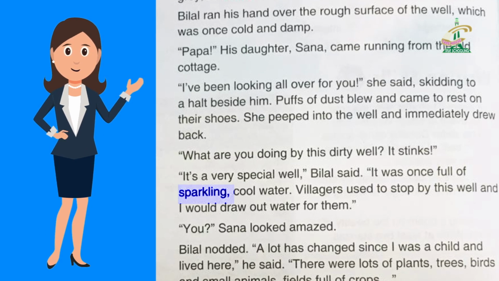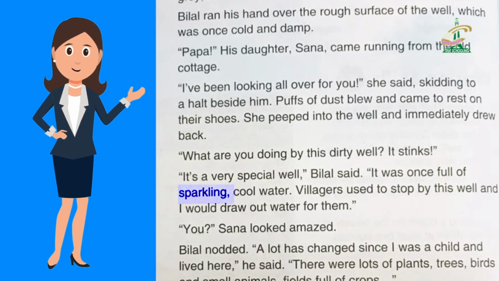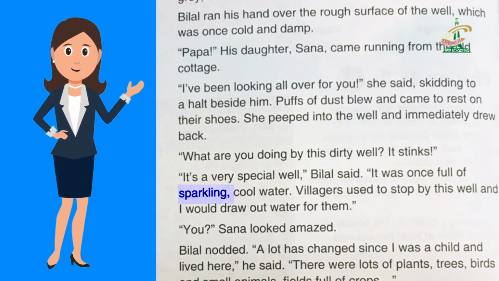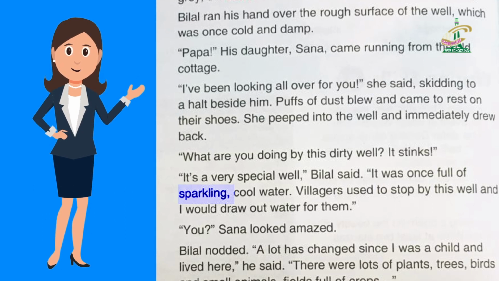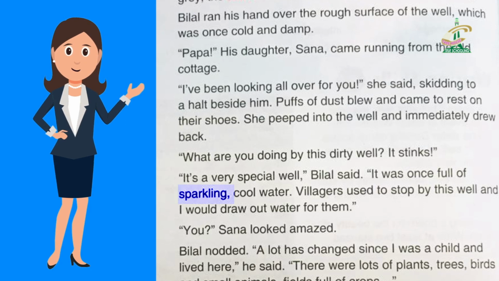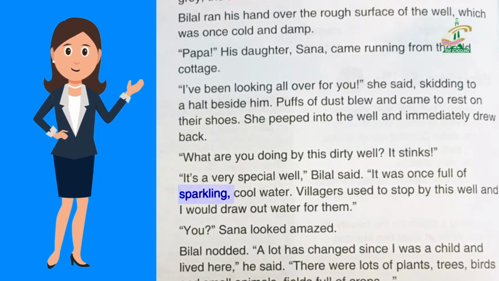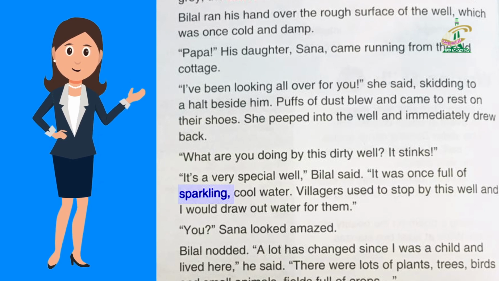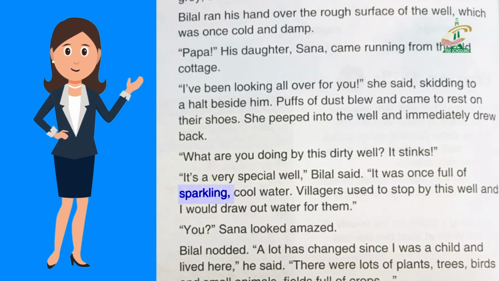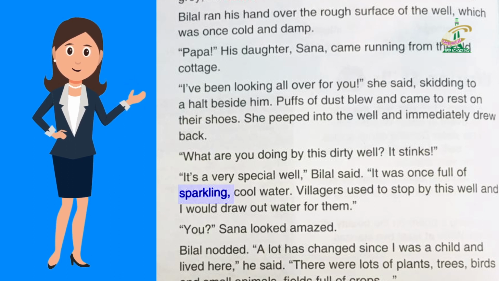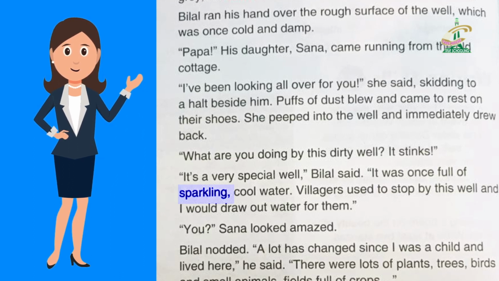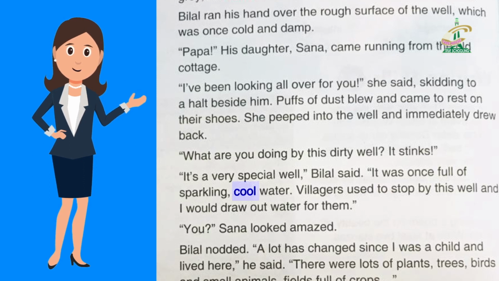Sparkle means when light gets to an object and it reflects back light, that quality is called sparkle. Alright, so water had the quality of sparkling. Whenever light, which means sunlight, got to the water, it hit the water, so the water used to reflect it back. And it was cool as well.